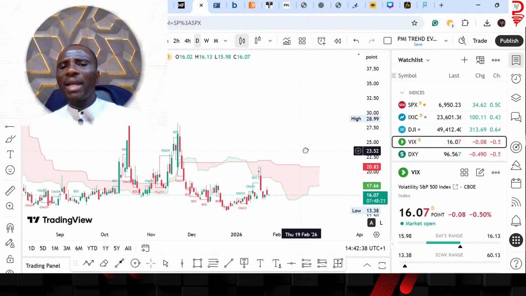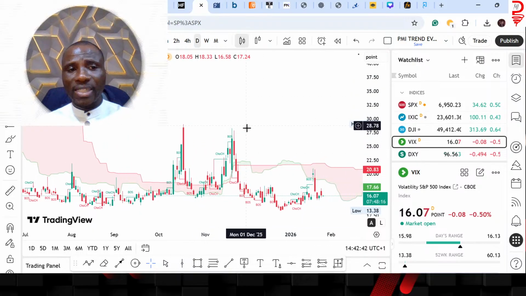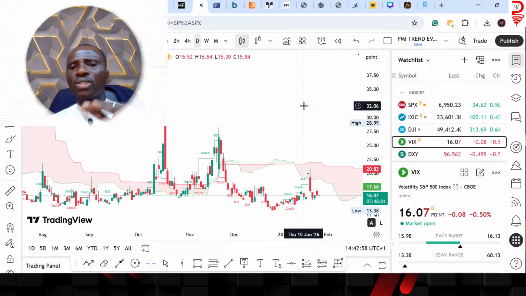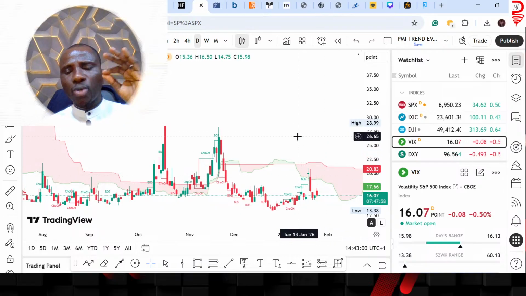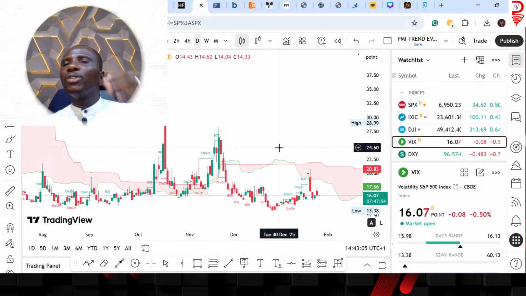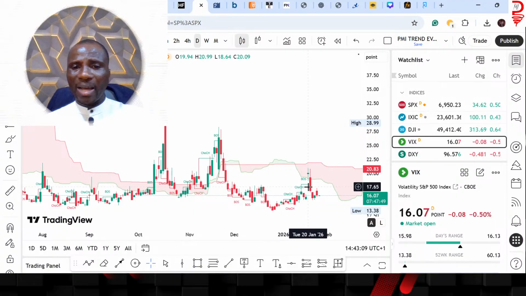Let's check our panic index, the one we call the VIX, the volatility of S&P 500. What is the volatility of this risk on? Do we have any element of fear in the market? So what we do is we look at the VIX, and once the VIX is giving us a figure that is below 20, we are now confirming that there is no fear in the market.